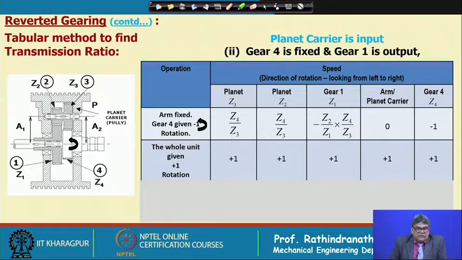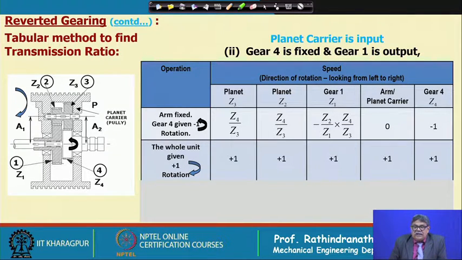Now, the whole unit is given +1 revolution, that is in the anticlockwise direction from the right-hand side along the axis.